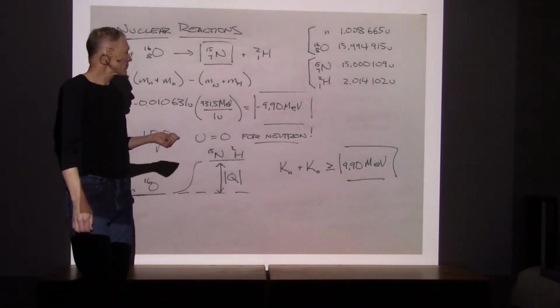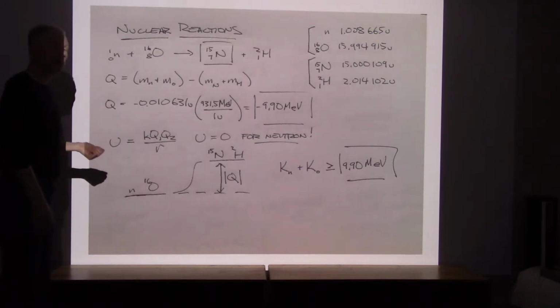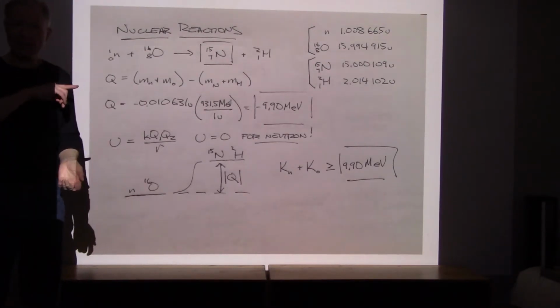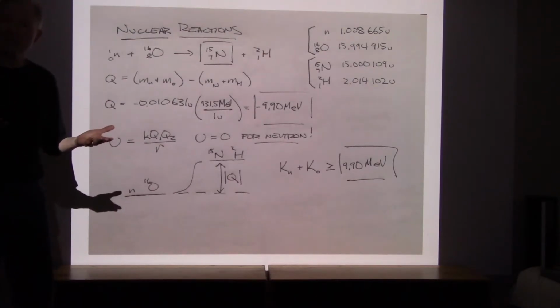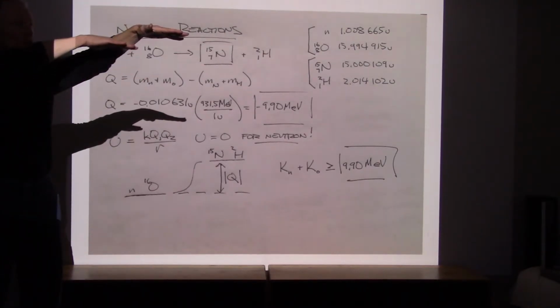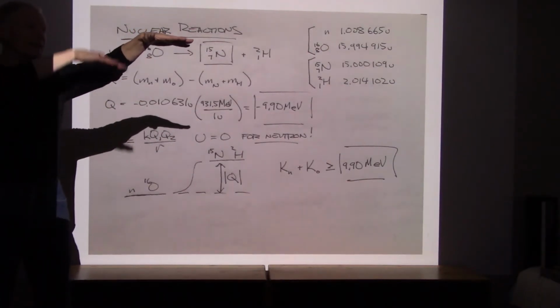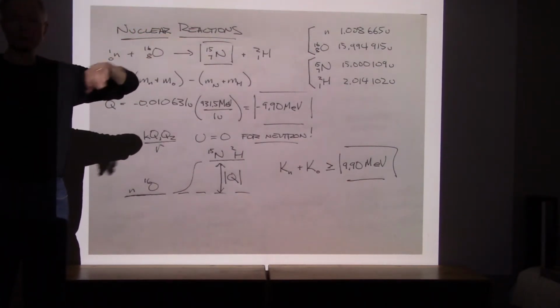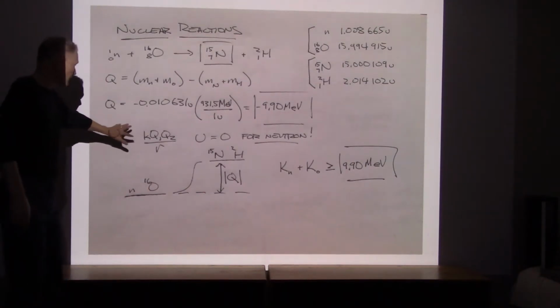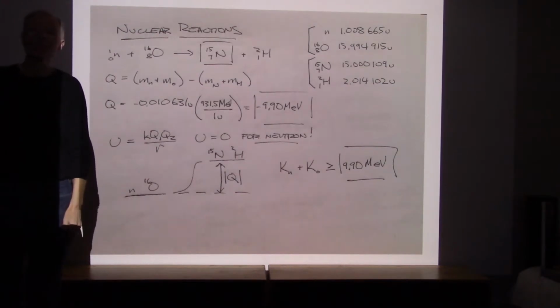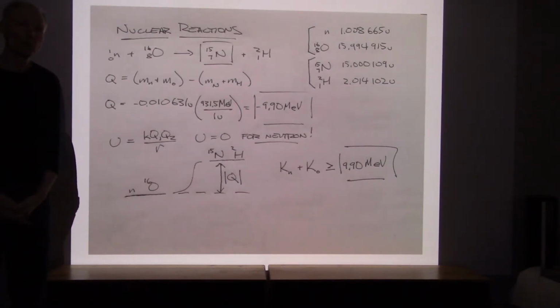Now the second step would say, okay, what kind of activation energy might we have? Remember, on that last example, it wasn't enough to just get enough energy to create those products. We actually had to get over this potential energy barrier. Well, this time, there's no potential energy barrier. And that's because we started off with a neutron.